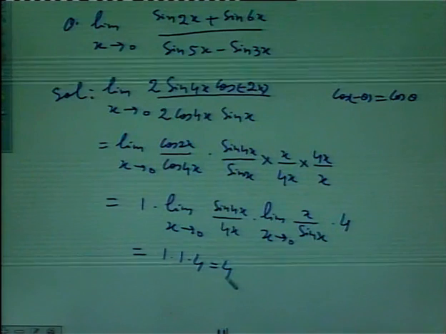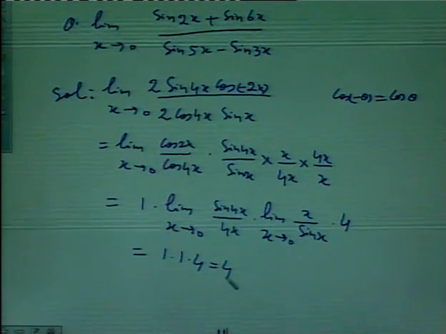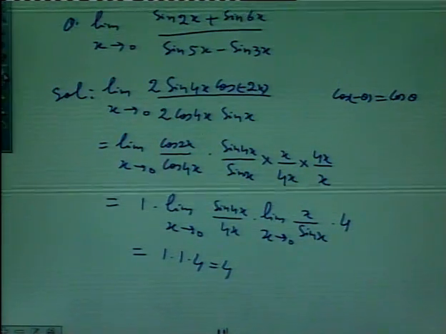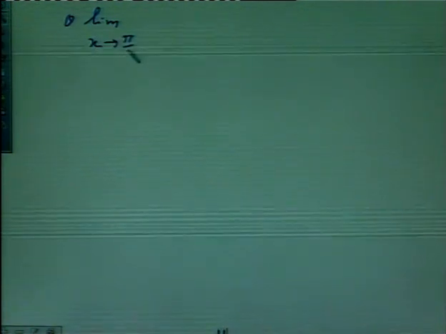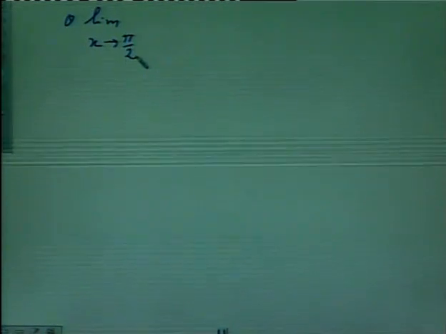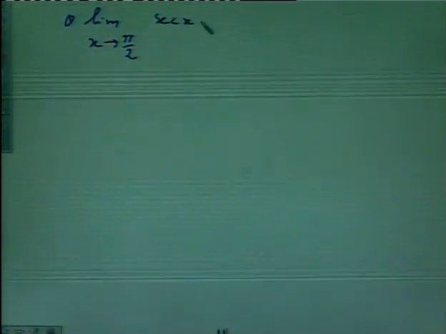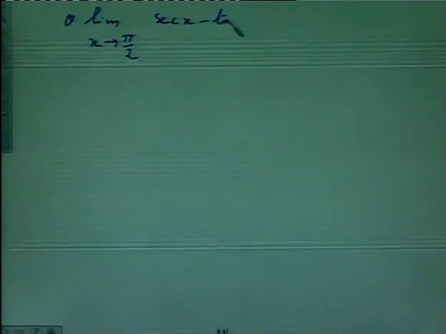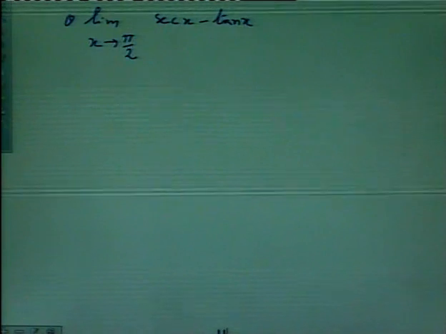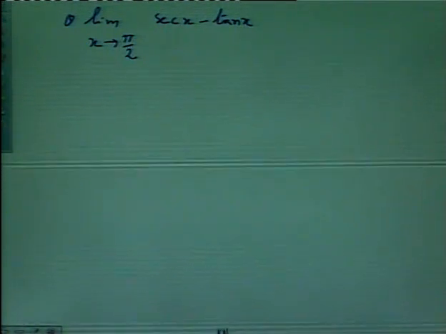Question is like, limit x tends to pi by 2, secant x minus tan x.